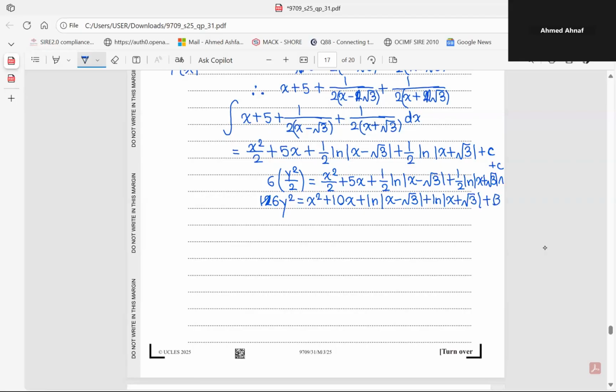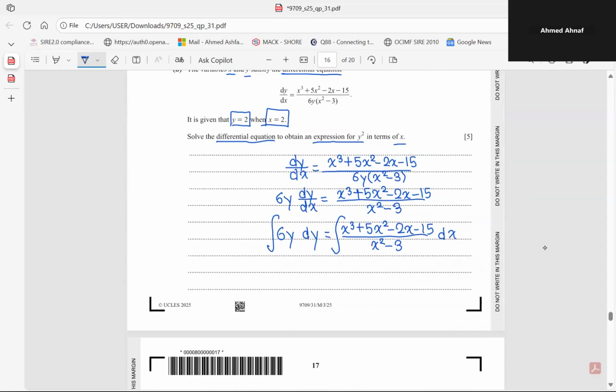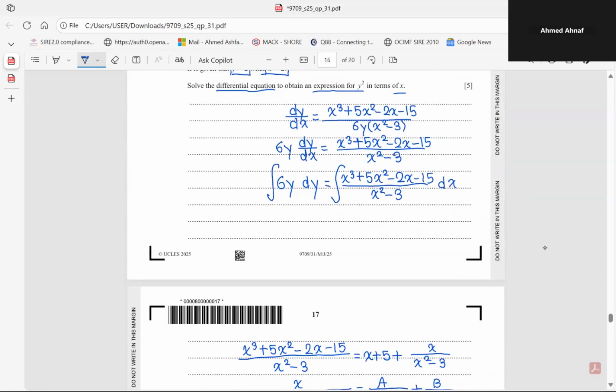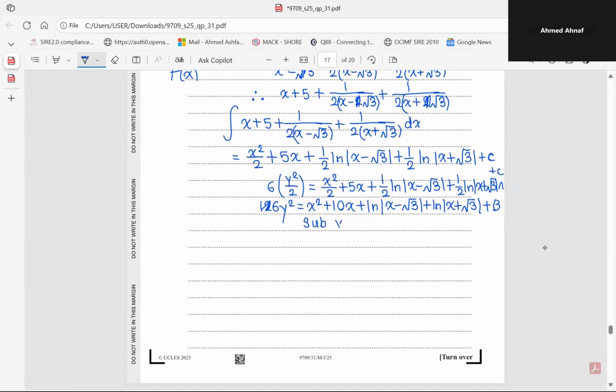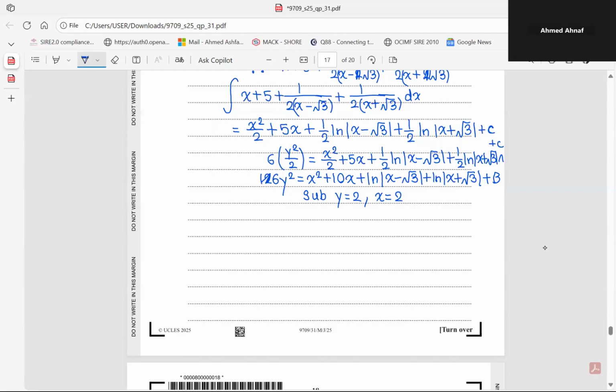Okay, and now we can substitute our initial conditions. y equals 2 and x equals 2. So 6 times 2 squared, that's 6 times 4, which is 24. And x squared is just 4.